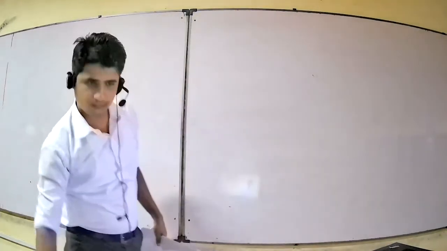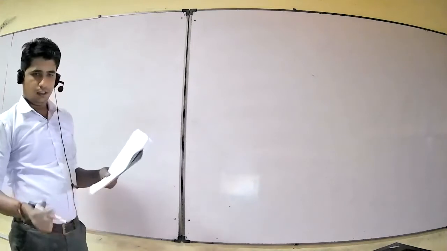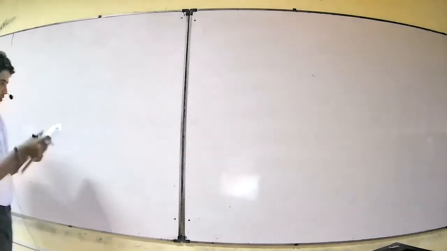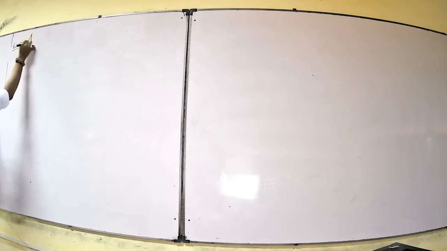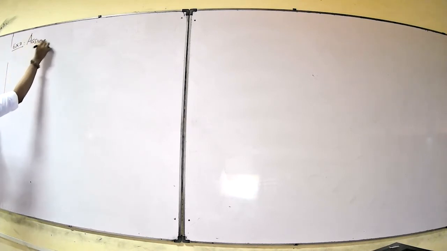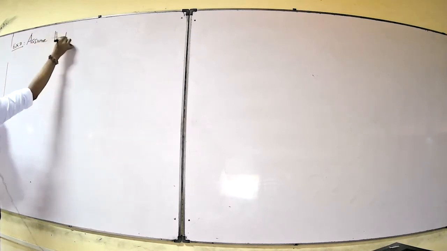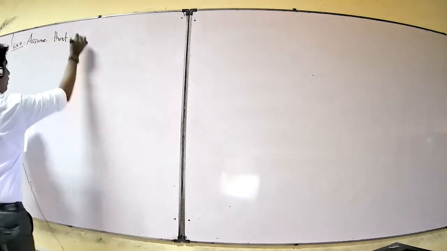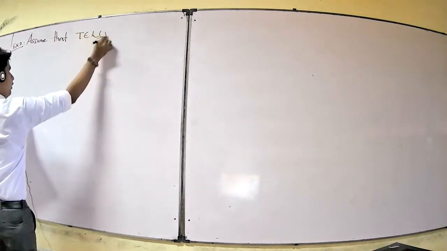Okay. Now, this exercise 3: assume that T is a linear mapping V to V.